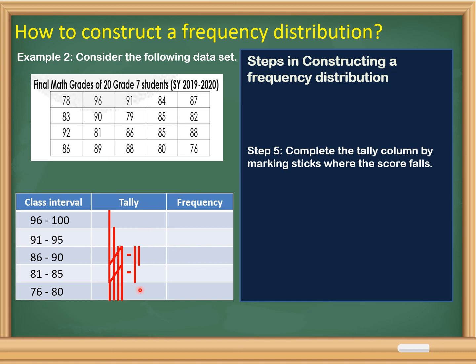Okay, so last we have 4, because based on the given set of data, the scores that fall in this interval are 78, 79, 80, and lastly 76.